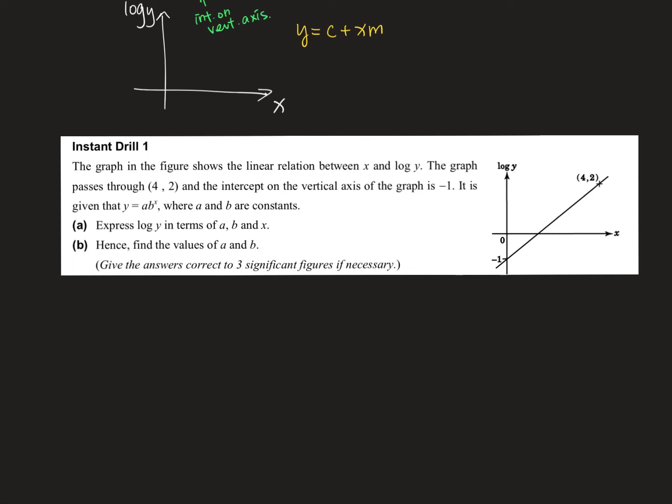Every time you see a log transformation question, usually there are a few things that you should notice. First, it will tell you what the original expression was. And the other thing is it will tell you it is a linear function between which two quantities.